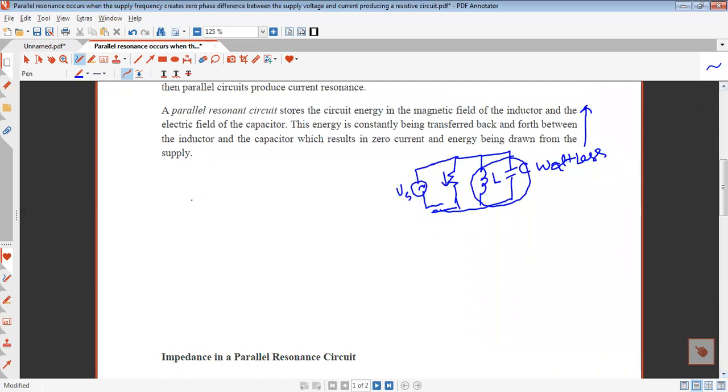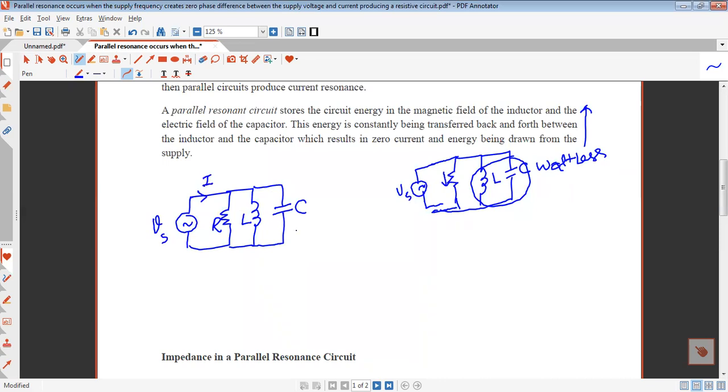This is our voltage source, this is resistance, this is inductor, and this one is capacitor. For parallel resonance, we have to find the resonance frequency. Let us see the condition to get it.